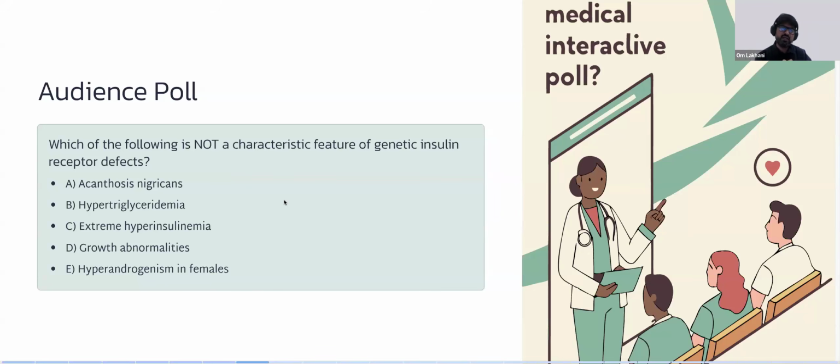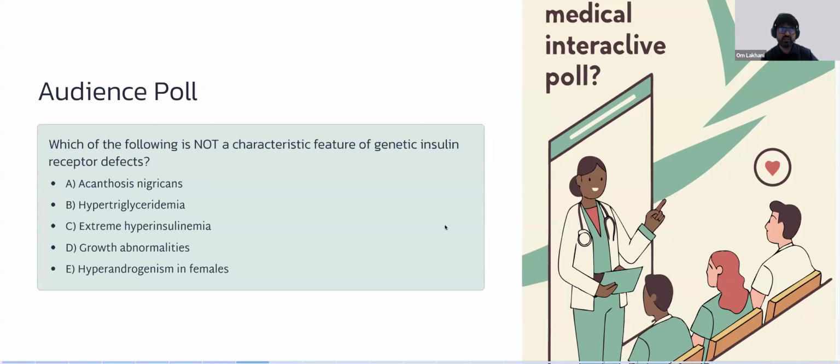Other ways include that these patients tend to be lean, whereas those with metabolic conditions tend to be obese. These patients tend to be shorter, and growth retardation will be seen, whereas in typical metabolic situations they tend to be more obese. Okay, I can end the poll.